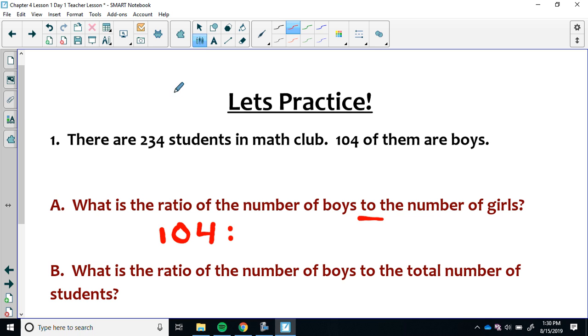No, but it tells us there's 234 students. So if you take 234 and subtract 104, I could have probably done this in my head, but I'd prefer to always write it out or use a calculator when I'm doing my math problems. I don't have a calculator with me. So 104 to 130.